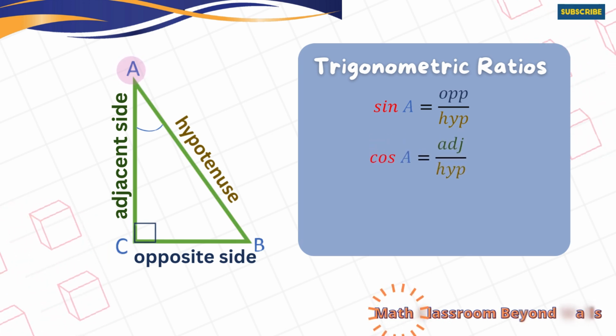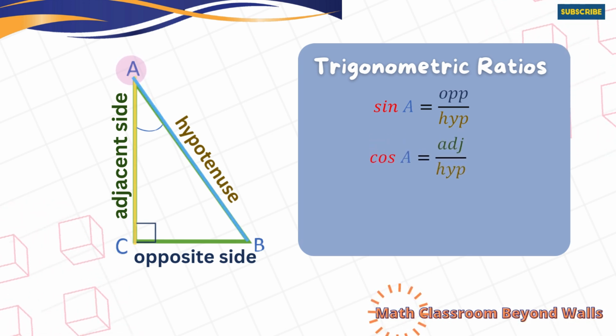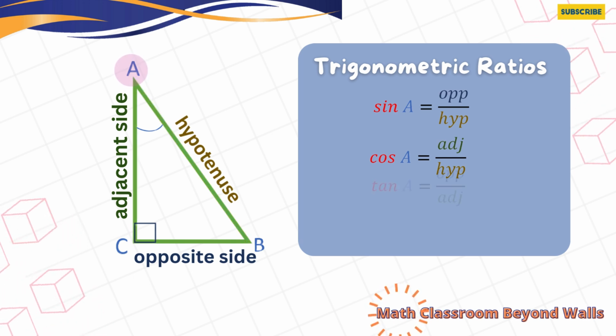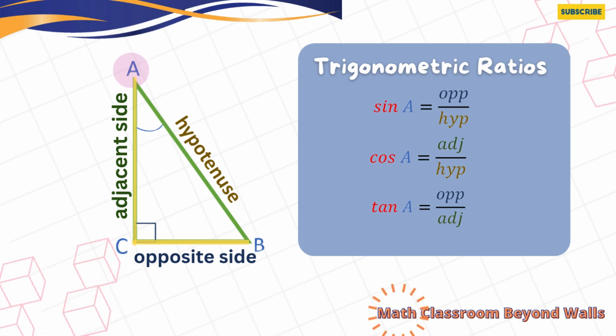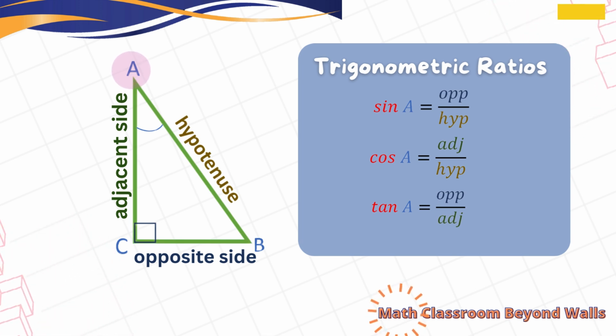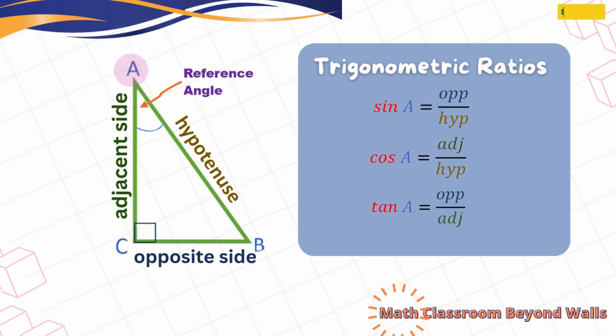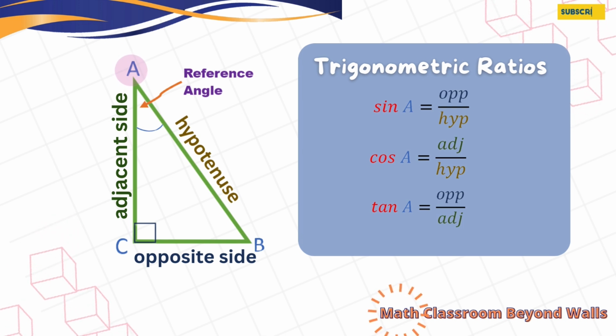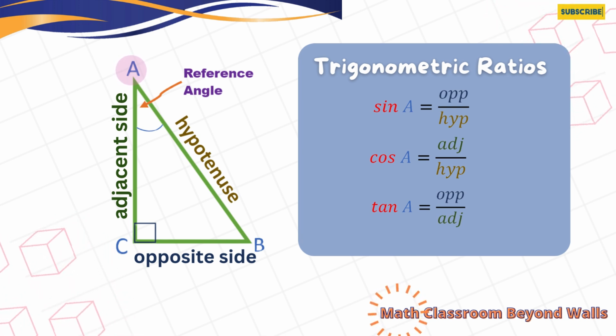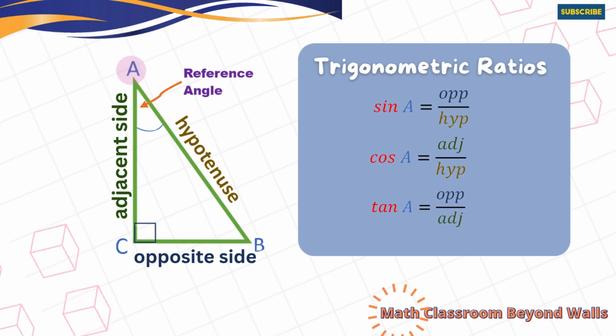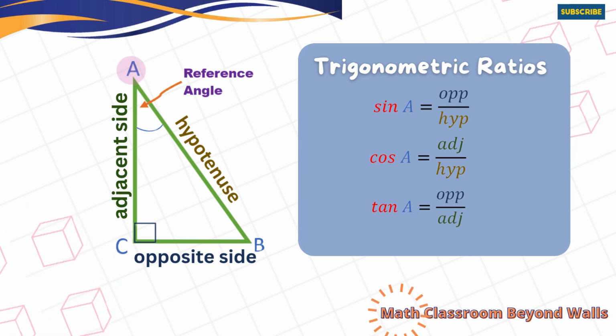Cosine A is equal to adjacent side over the hypotenuse. Tangent A equals opposite side over the adjacent side, where angle A is the reference angle as shown in the figure. For the detailed discussion on how to label the sides of the right triangle, watch the videos on trigonometric ratios. The link is down below.